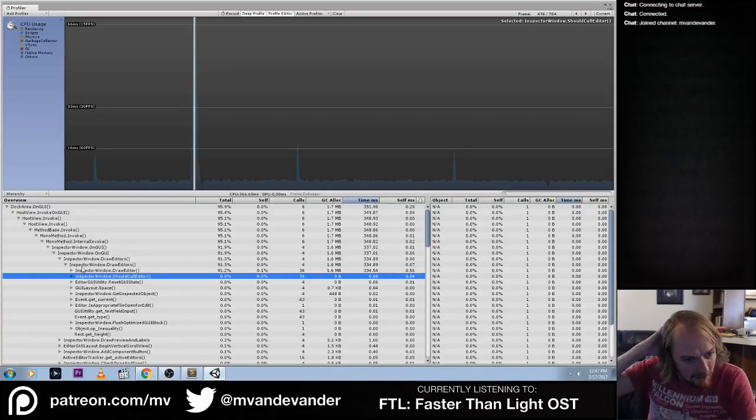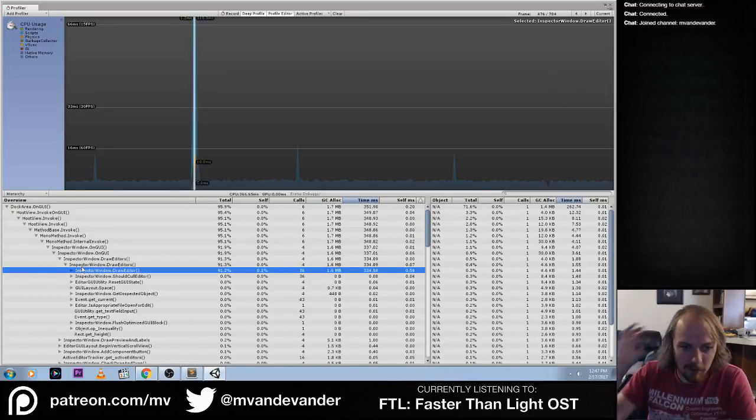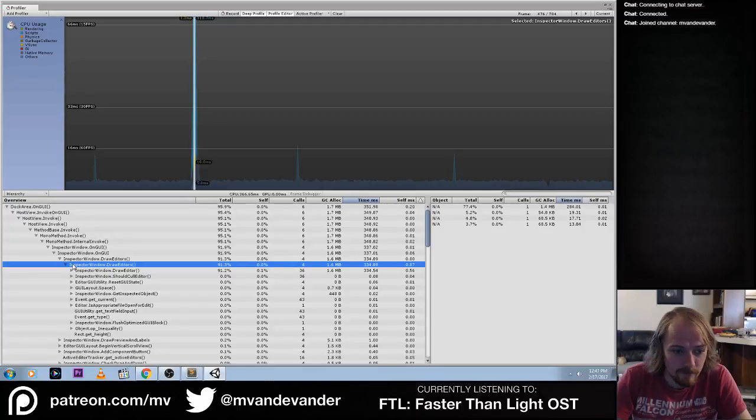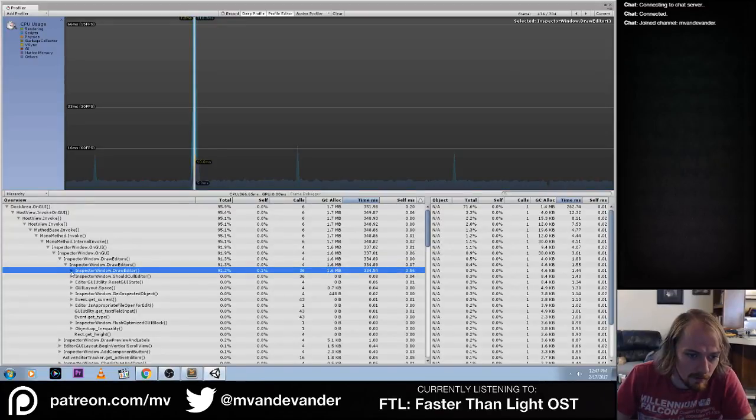And why is it, every time I go down this stack, your profiler gets even slower? The further I go down the stack, the slower it gets. And I don't know why.